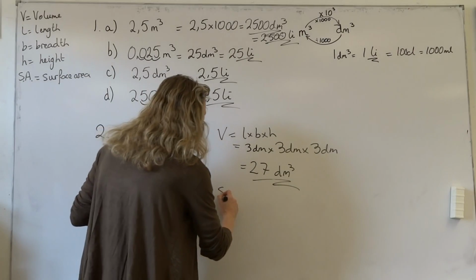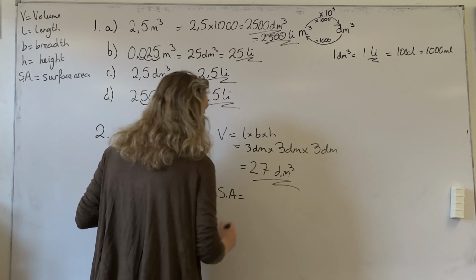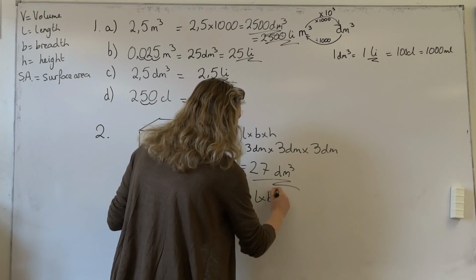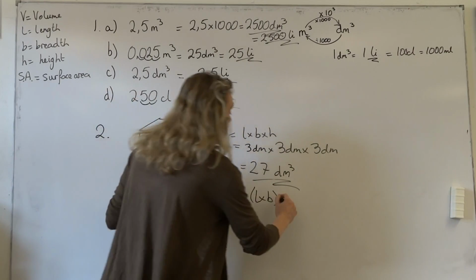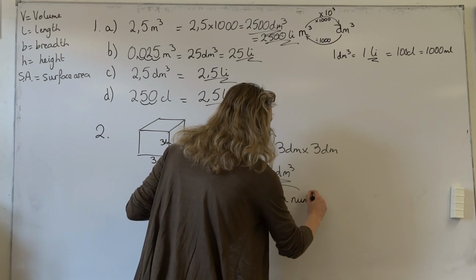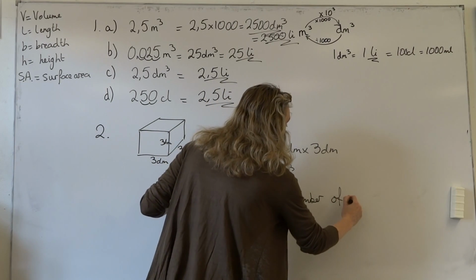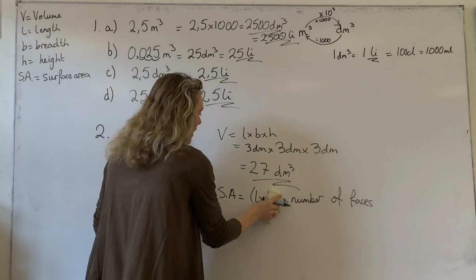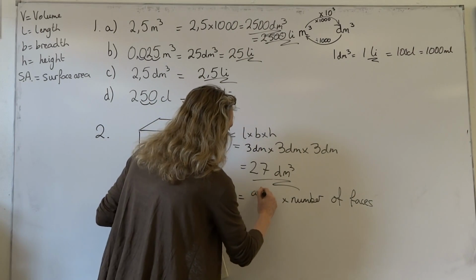Surface area then. Well, the surface area is going to be the area of one face, which in this case is length times breadth, multiplied by the number of faces. So if we were going to put a formula in here, we could change that length times breadth to area of one face.